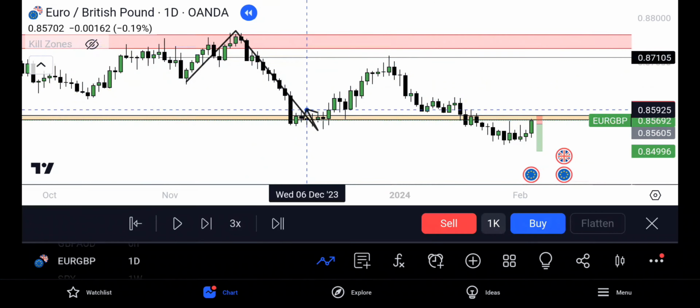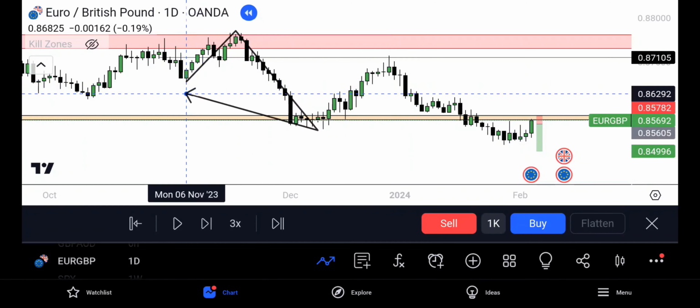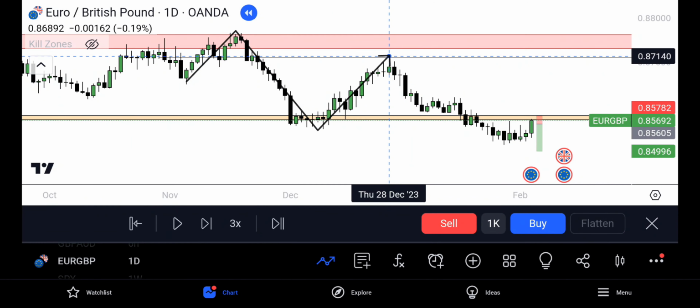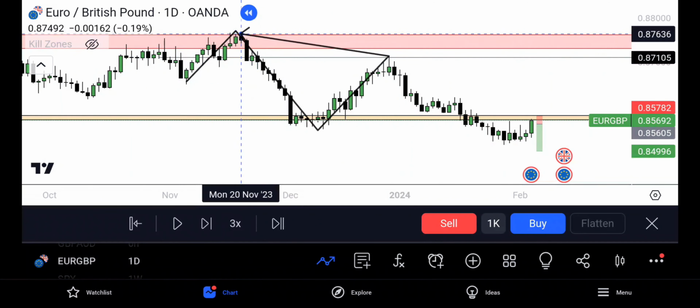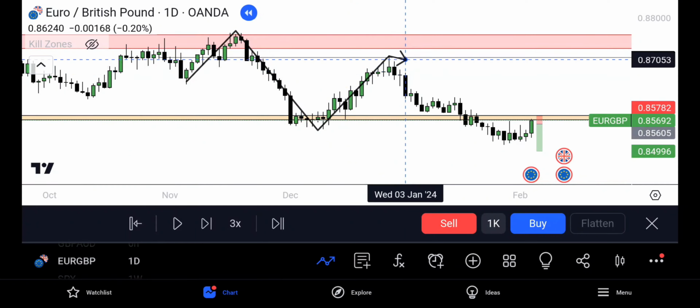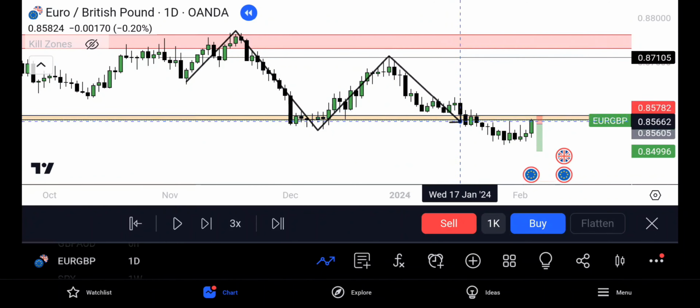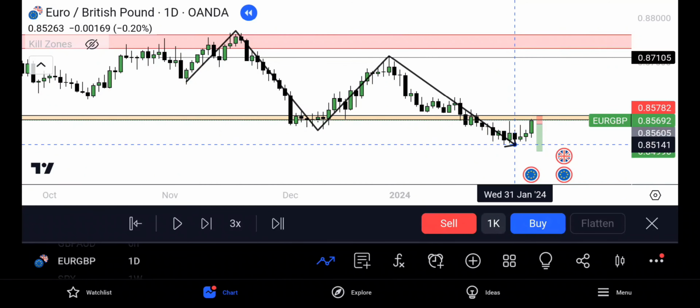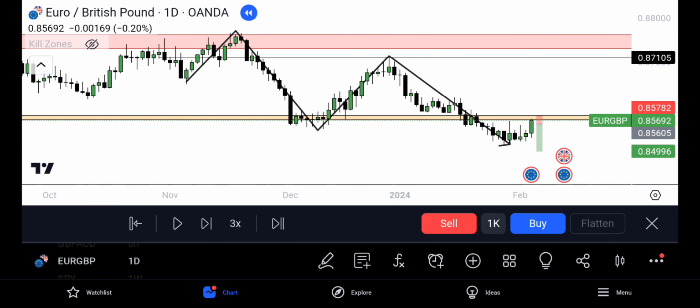So as it created this lower low, it disrespected this previous lower low here, and then came back to create a lower high, thereby respecting this previous higher high, then creating a lower high, and then came back again to disrespect this lower low and create another lower low. And this already shows that the market is on a downtrend, right?